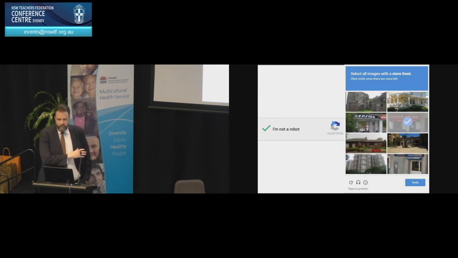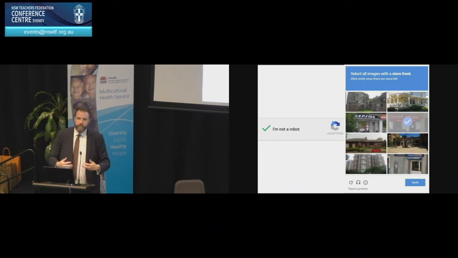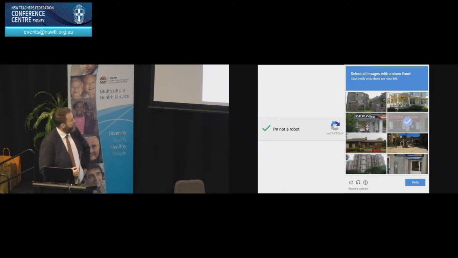So you might have done these CAPTCHA things. In the process, you've proved you're not a robot, but what you're actually doing is training a robot. This sort of data is being used to train neural networks how to recognise, in this case, storefronts.